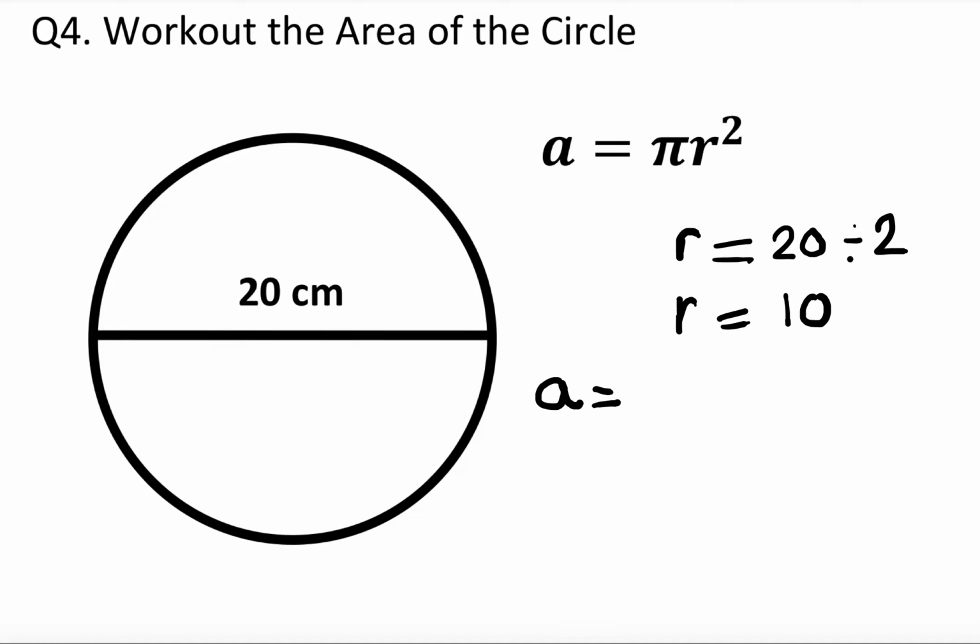A equals pi, R is 10, in this case, squared. So A equals pi times 100.